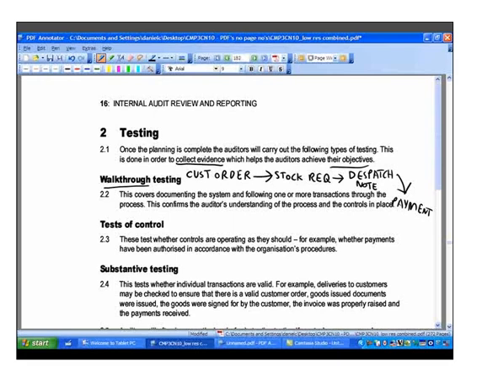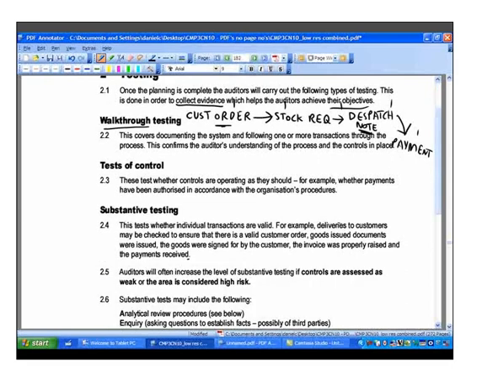Having confirmed that they understand how the system works, auditors will then typically test whether the controls are working as they should. So having identified that, for example, a control is in place that dispatch notes are agreed back to customer orders, what will typically happen is they will then take a sample of dispatch notes.